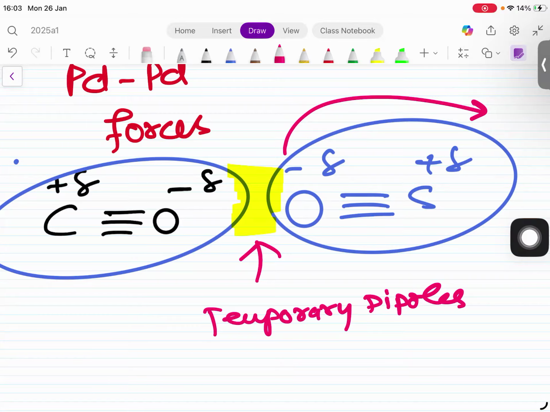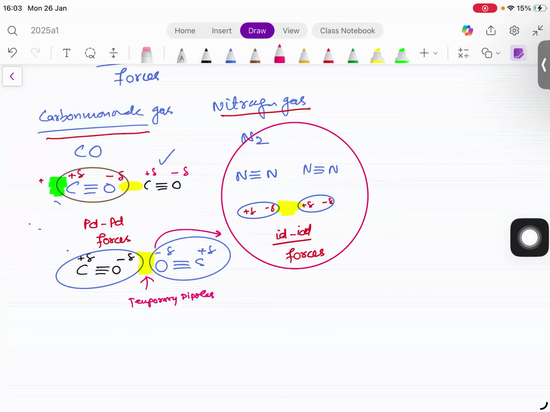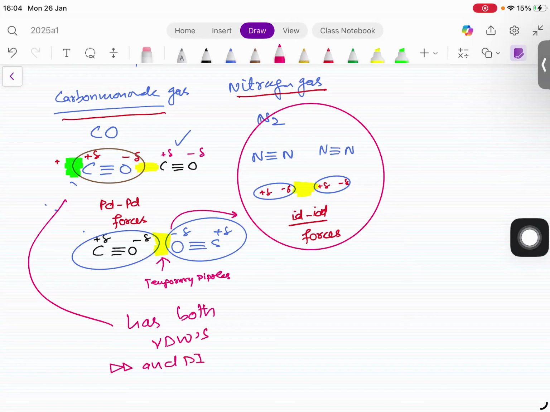Now you got it? What I'm trying to say is that molecules which have permanent dipoles have both types of forces: dipole-dipole and dipole induced dipole. But those which are non-polar, having no permanent dipoles, have only dipole induced dipole forces. So please write down: carbon monoxide has both VDWs, meaning DD and DID forces.